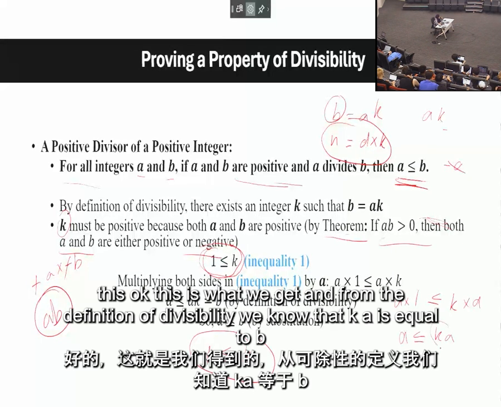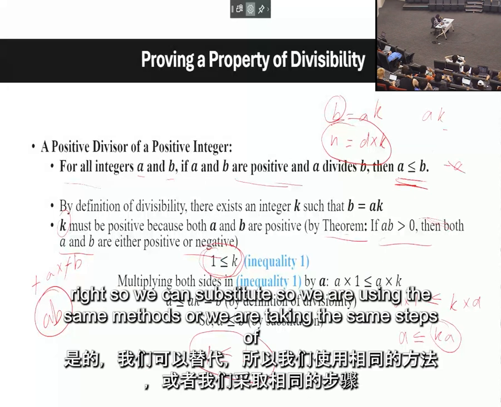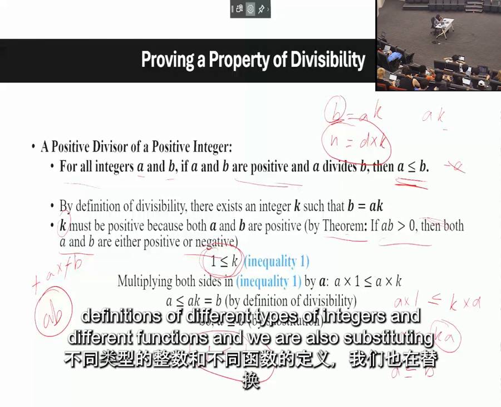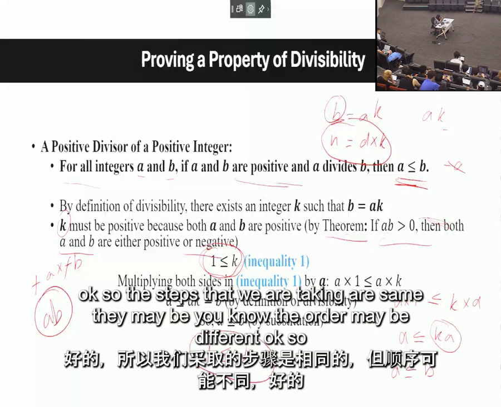And from the definition of divisibility, we know that ka is equal to b, right? So we can substitute. We are taking the same steps of using definitions of different types of integers and different functions, and also substituting. The steps that we are taking are the same, though the order may be different.